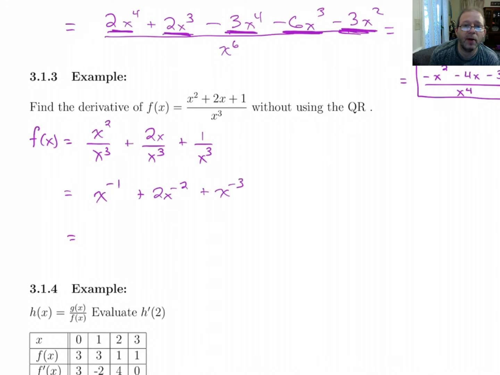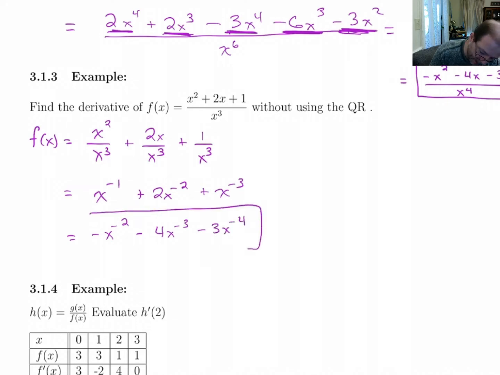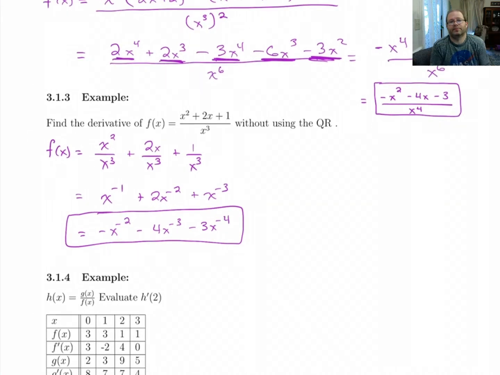Now I can just use the power rule. So this first one will be minus x to the negative 2, then minus 4x to the negative 3, minus 3x to the negative 4. And I could leave it like this, or I could change it. I'm going to leave it like that because I don't want to do anything extra.